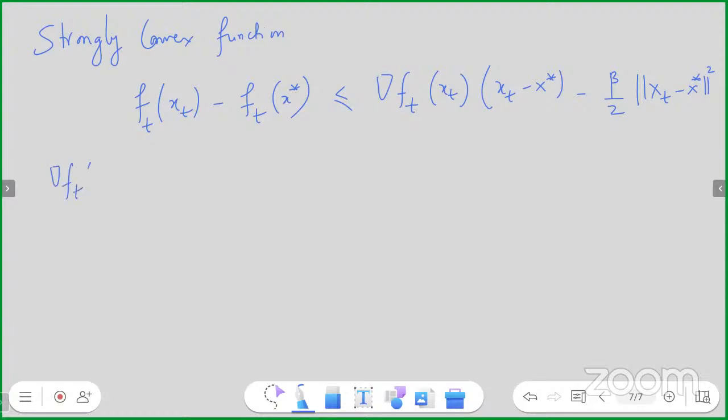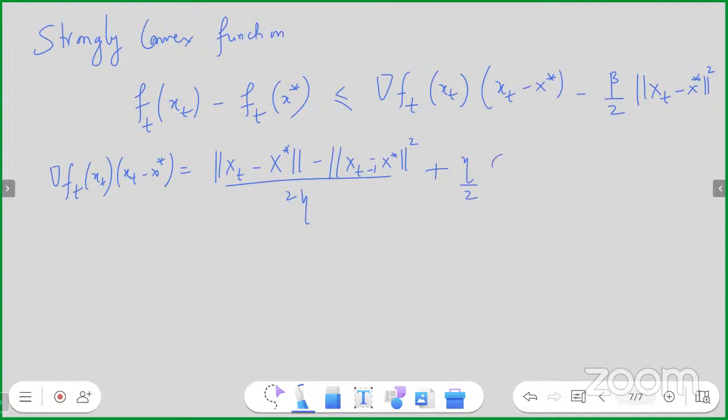Del ft of xt minus x star is equal to mod of, just make sure I don't make a mistake here, xt minus 1 minus x star, divided by 2 eta plus eta by 2 g square.